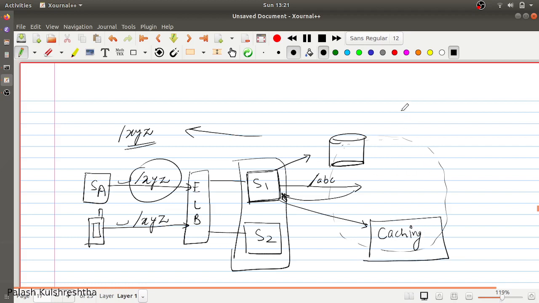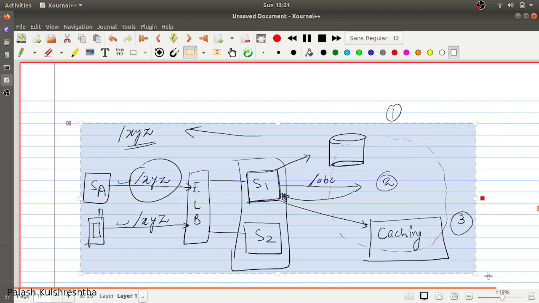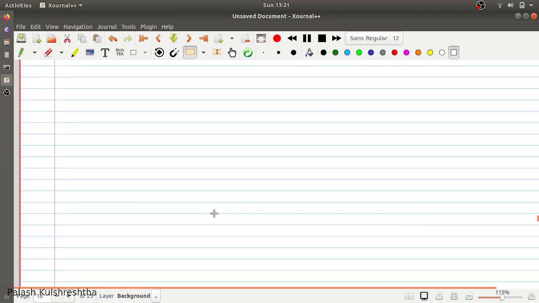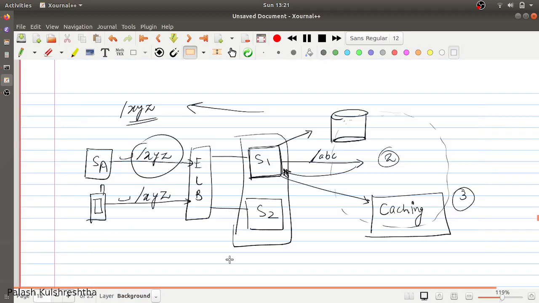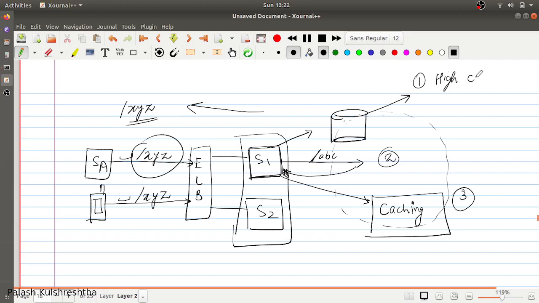Okay, let's try to consider these scenarios one by one and what could be their mitigation steps. So let's try to consider this scenario. Let's say that our database is choked up. One of the scenarios in here can be high CPU on the database due to any reason.